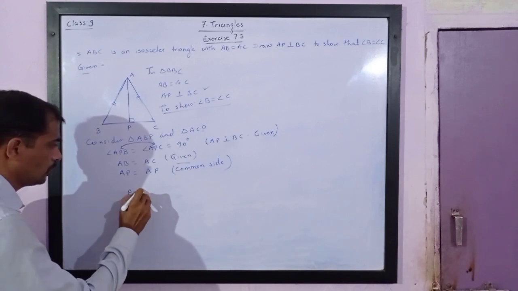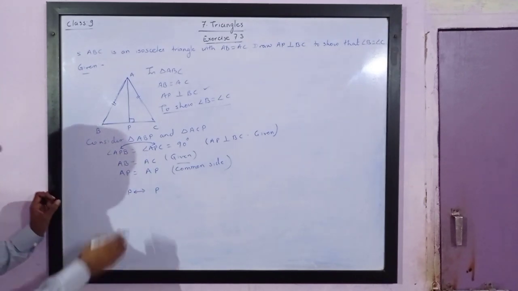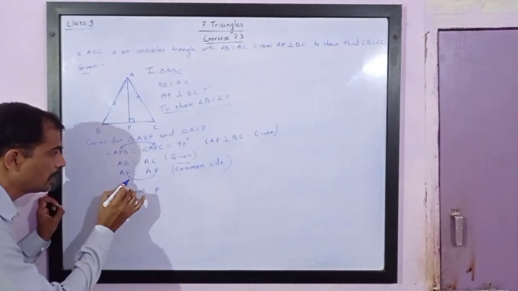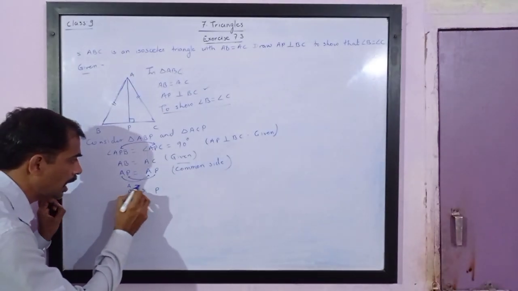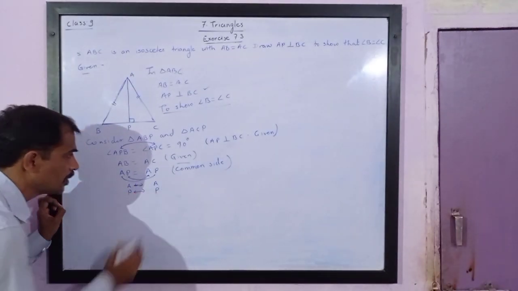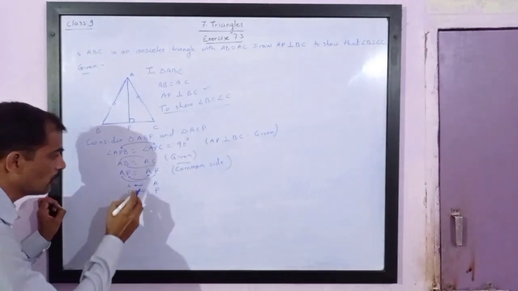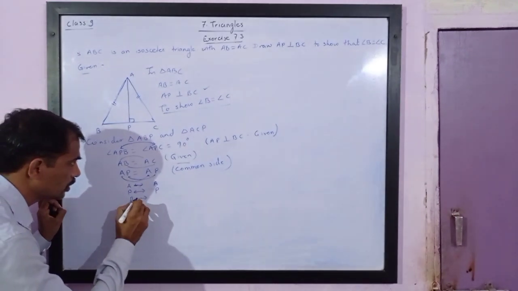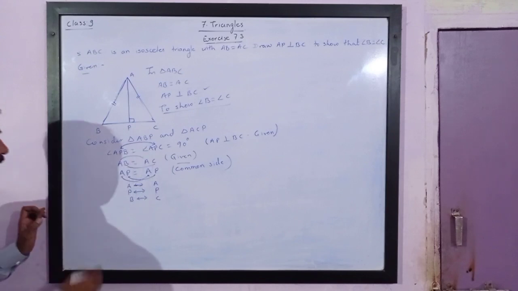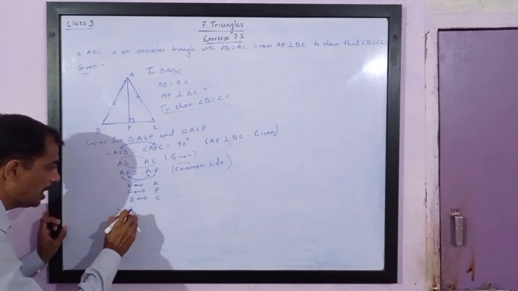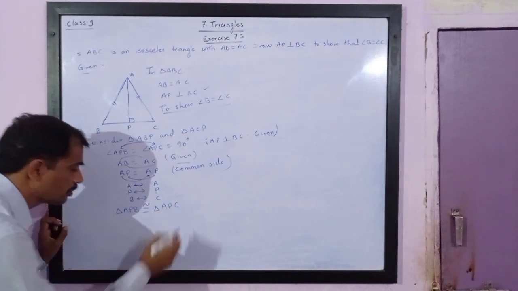If P corresponds to P, the remaining vertex is A. A corresponds to A. And if A corresponds to A, the remaining vertices are B and C. So B will correspond to C. Thus, I have got triangle APB congruent to triangle APC.